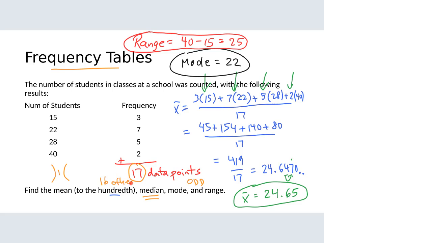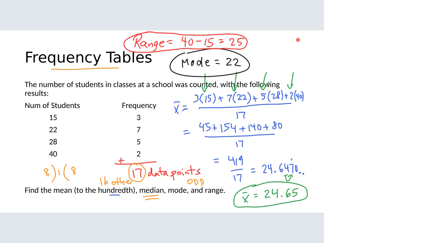Of those 16 data points, 8 will be lower than the median, 8 will be higher than the median. So what my data set kind of looks like here is 8 data points lower than the median, a median right in the middle, and 8 data points higher than the median. That's how my 17 data points break down. Let me know if you have any questions about that idea before we go forward.